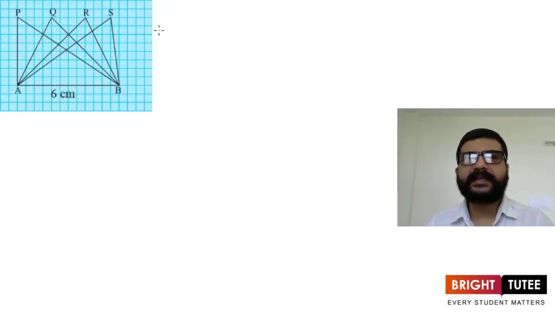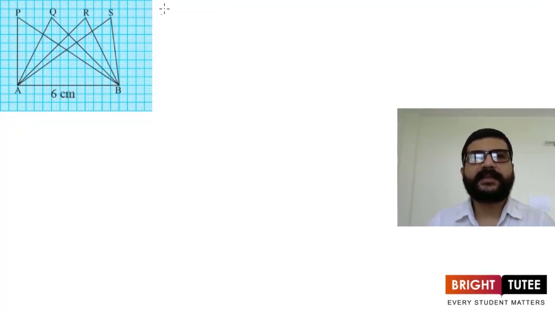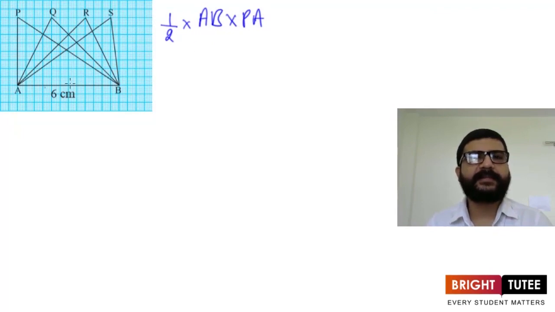Since we know that the area of a triangle is equal to half into base into height, if for two triangles base and height are equal, it means their areas are also equal. So what we are getting now, half into AB into PA, this is the area of triangle PAB.